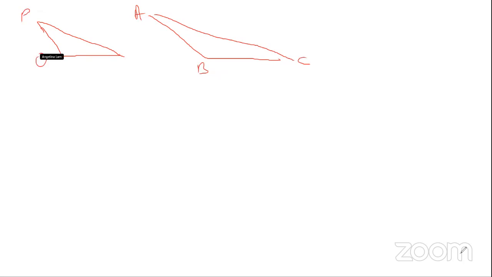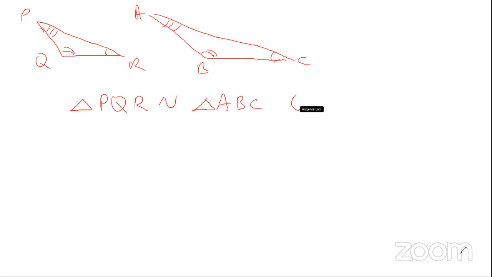Therefore, if I have two triangles, this is ABC, this is PQR, and all these three angles are the same, then we write triangle PQR is similar to triangle ABC.